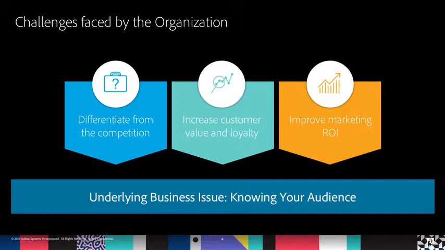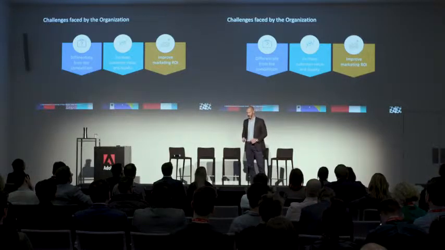So when we talk to a bunch of our customers around the world, there's some common themes that emerge in terms of the challenges that they face organizationally. Everybody's trying to differentiate from their competitors, right? And as part of that, increasing customer value, increasing loyalty, so you could build the lifetime value of your best customers. And everybody in marketing departments needs to improve their marketing ROI year over year, month over month, maybe even week over week.